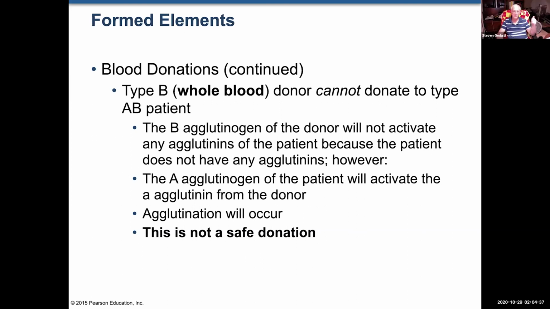So you're giving them surface antigen B, which is fine because they don't have the antibody for it, but you're giving them whole blood, which means you're putting in antibody A. Okay, that comes with the whole blood. Type B patients have antibody A in their plasma. So now the antibody A is going to react with the surface antigen A of the AB patient, and it's going to cause agglutination. So that's not a safe donation.